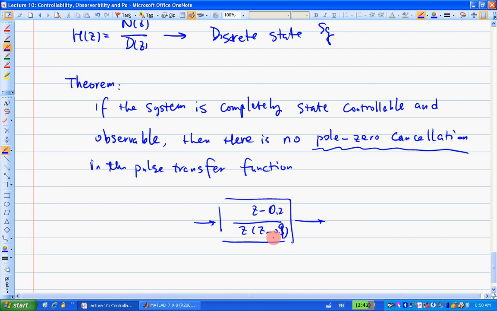So the plant here has a pole at where? At z equal to 0.9. When you have a pole at z equal to 0.9, which is pretty close to where? To the boundary of the unit circle. We were saying the system is stable as long as the pole is within the unit circle.